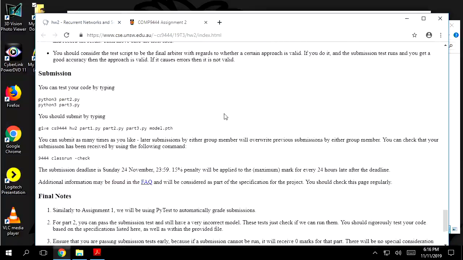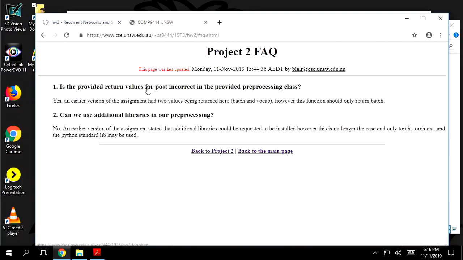So I'm just looking for the FAQ. Yes, part 3.py, there was a method that was returning batch and vocab, but we realized it should only return batch, so we just made that slight update to that file.